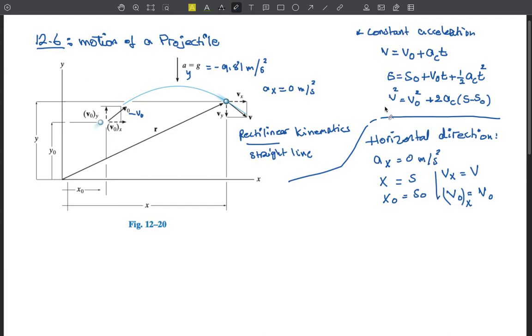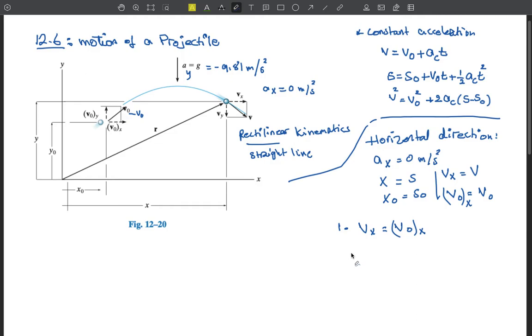Substitute this information into these equations. So the first one becomes Vx equals V node in the x direction plus a_x. So a_x now has a value of 0, so plus 0.